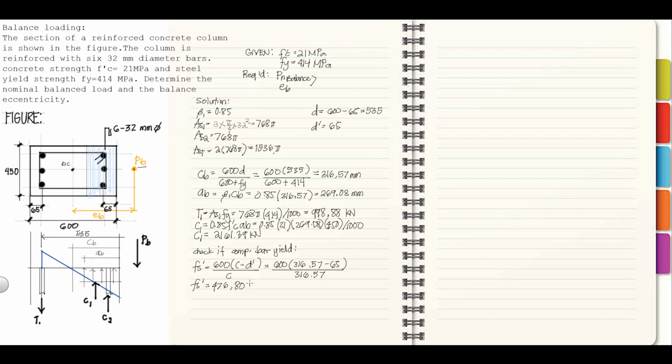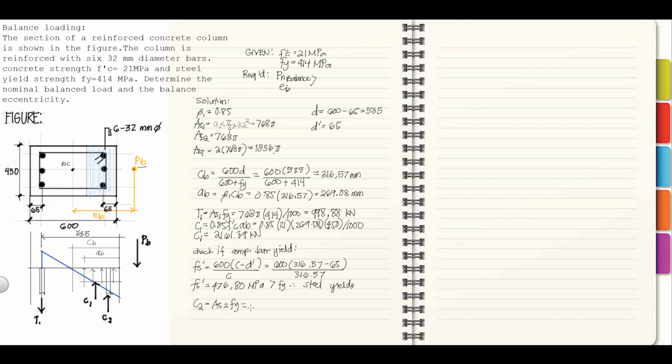Okay? Megapascal. As you can see, our Fs prime is greater than our Fy, so therefore it still yields. Tama ba? Still yields. So for our C2, it is As2 times Fy, kasi nga nag-yield siya.